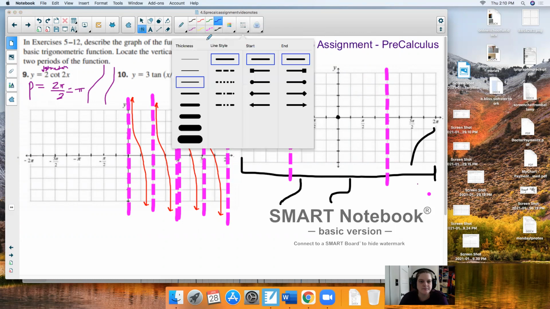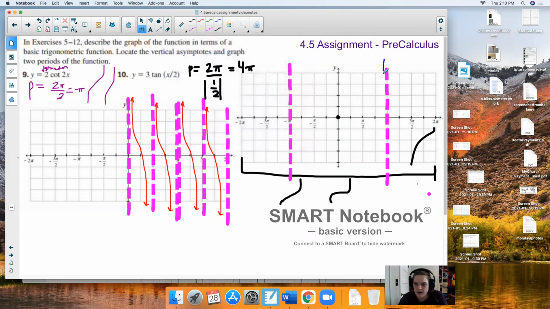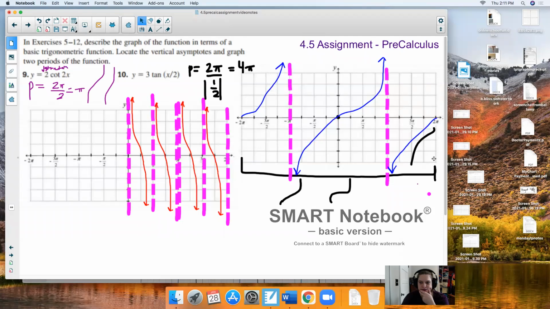So here's our tangent, and here's our other tangent, and then this piece here. Because of course, in order to fit 2 periods on, we kind of have to have a half of a period over here and half of it over here.